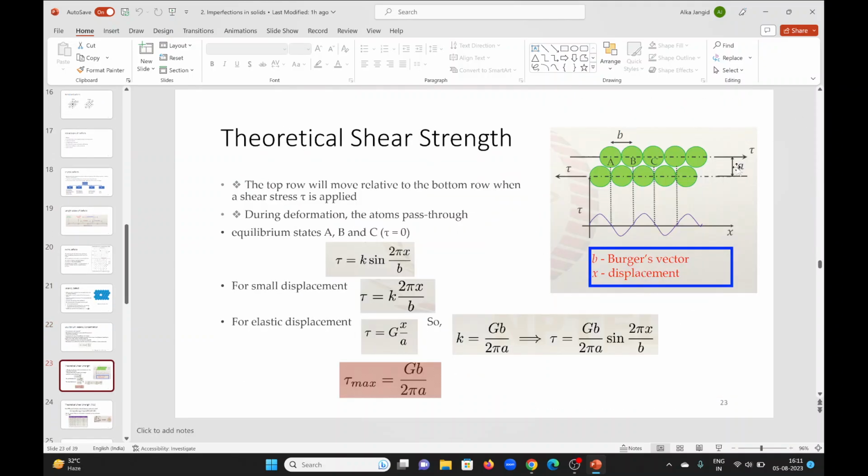So interplanar distance and theta have a relation. Depending on that, at particular angles there will be a high intensity peak on your XRD graph, and theta will be different for all types of materials and elements that are present.